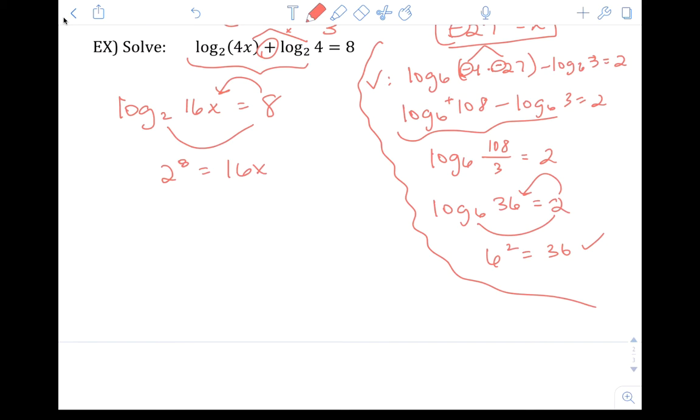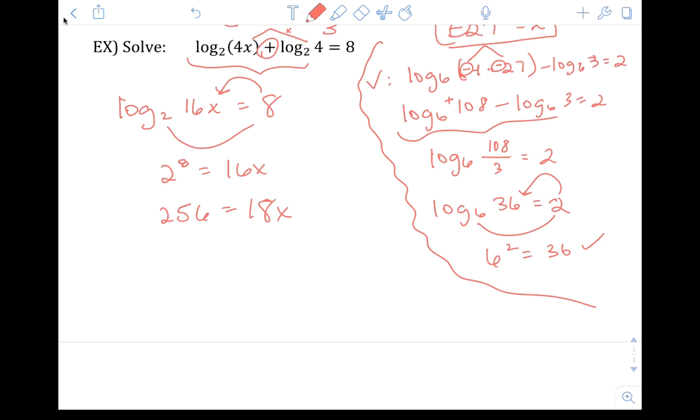Well, 2 to the 8th, if memory serves me correctly, is 256. I should have checked that before I started making this video because I can't remember exactly. Let's see, that would be 2 times 2 is 4, times 2 is 8, times 2 is 16, times 2 is 32, times 2 is 64, times 2 is 128, times 2 is, yep, I'm right, 256.